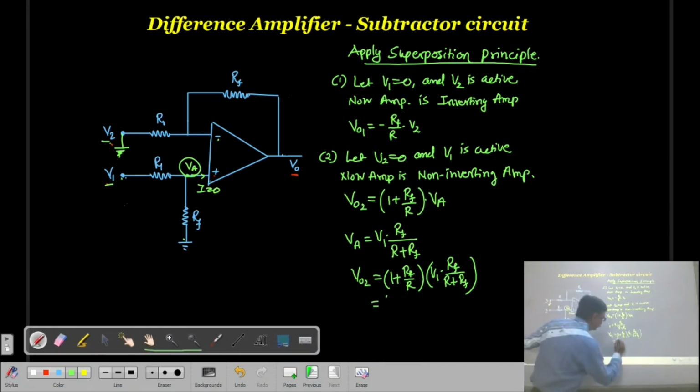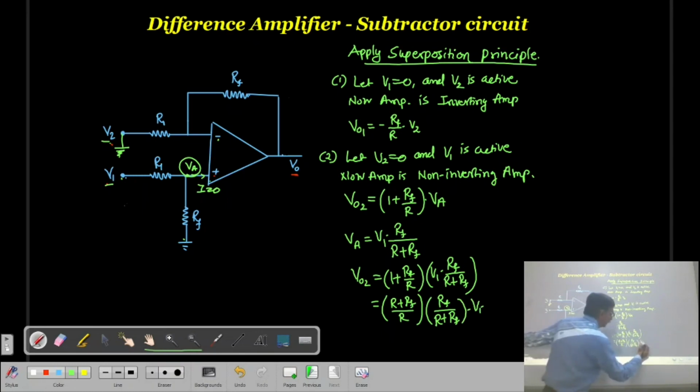This is equal to, we can write, R plus Rf divided by R into Rf divided by R plus Rf into V1. Now here R plus Rf will be cancelled, and we can write this is equal to Rf by R into V1. So this is the output voltage due to V1.